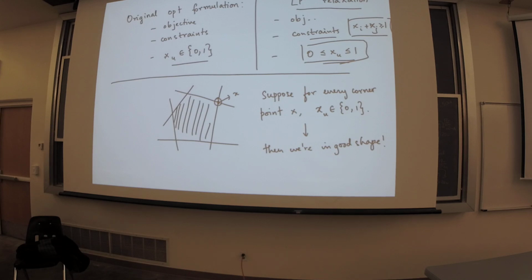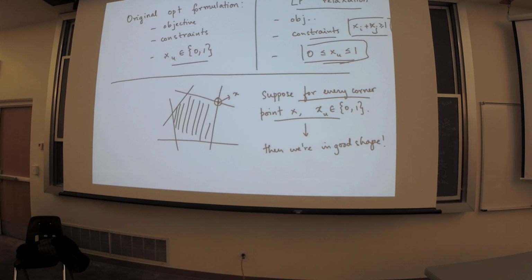There are a few problems for which you can prove formally that every corner point is an integer point. For such problems, it turns out that linear programming relaxations are great. You can just pretend that you are solving the corresponding integer optimization formulation, and you can just read off the solution.